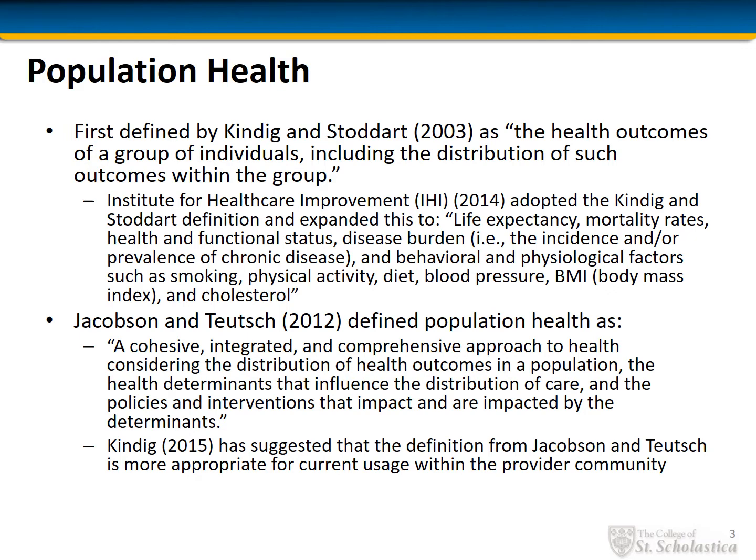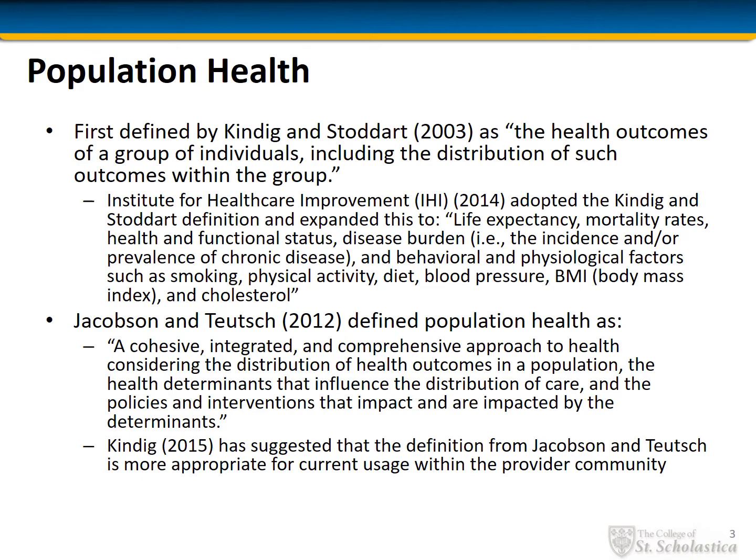In contrast to the term population, the concept of population health is much newer. It was first defined by Kindig and Stoddard in 2003 as the health outcomes of a group of individuals, including the distribution of such outcomes within the group.